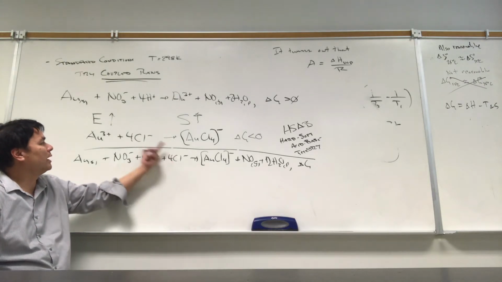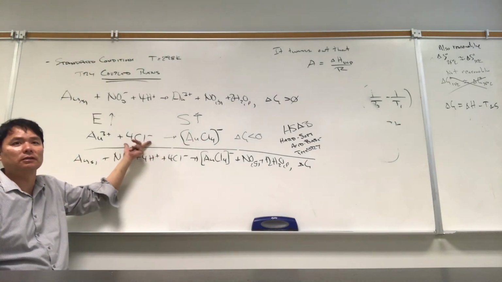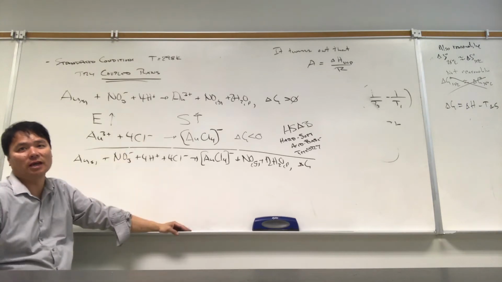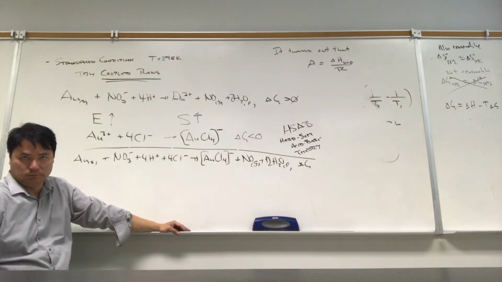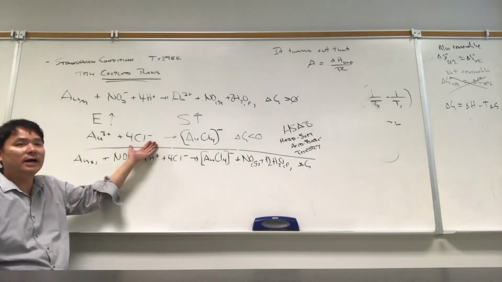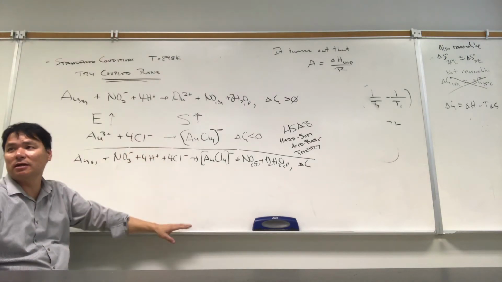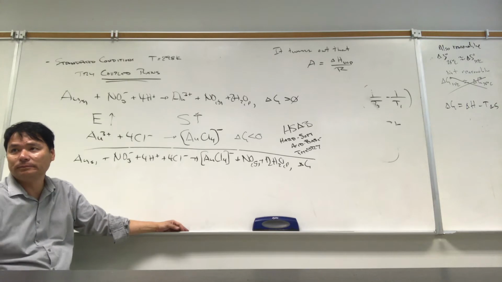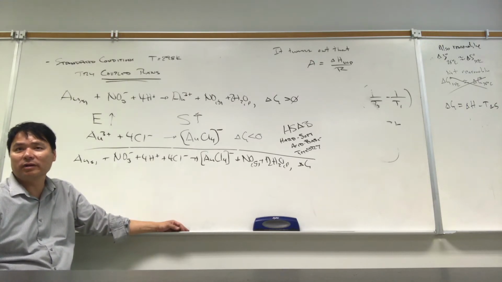Maybe not chloride, but maybe we could try different anions. What other anions does gold like? Well, we could try bromide, iodide, and see what happens there, see if it forms a complex. That could be. Or we could try a different reaction altogether.